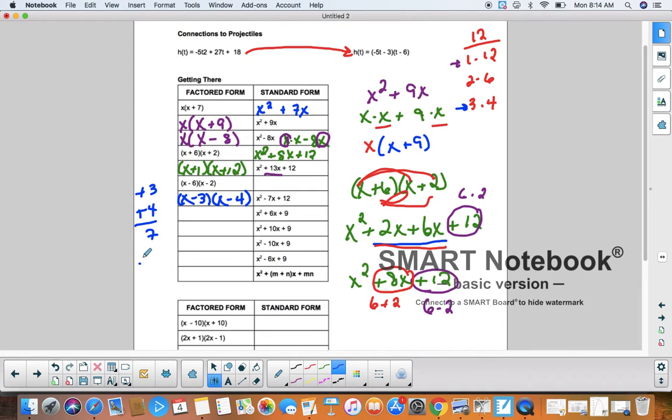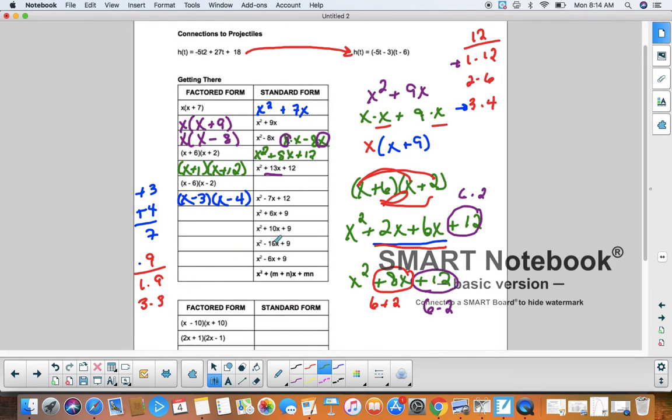All right, so these next 4 examples, notice that they all have a plus 9 at the end. So we need the numbers that multiply to 9. And we only have 2 choices. We have 1 times 9, and we have 3 times 3. So we're going to come up with 4 different answers using these same factors so that we get 4 different middle terms.